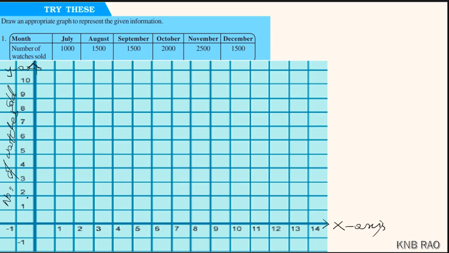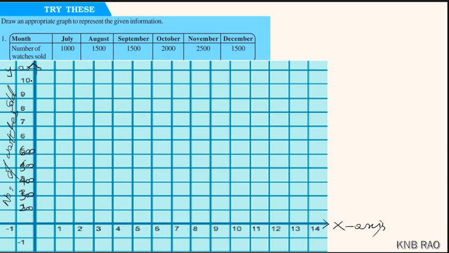Here I have taken 1, 2, 3, which is nothing but the first cell, second cell, third cell, fourth cell. Here I can mention these as $200, $300, $400, $500, $600.